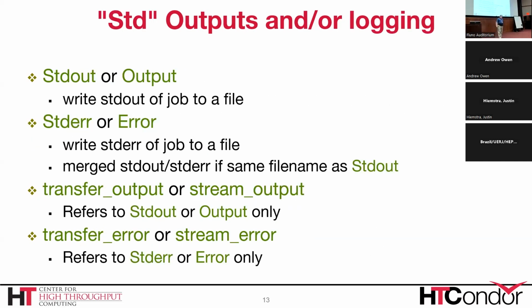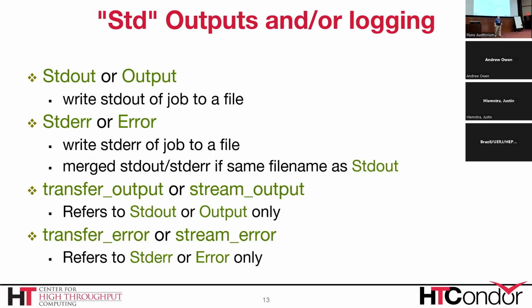Oh, and by the way, these two, transfer standard out and standard error, can stream. That is, they are transferred back in small chunks as the files change. This can be convenient for testing and debugging. It will melt down your AP if you do it at a large scale. But it can be very useful for initial testing.